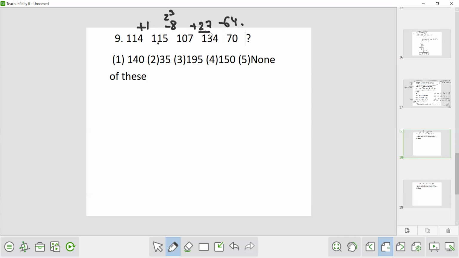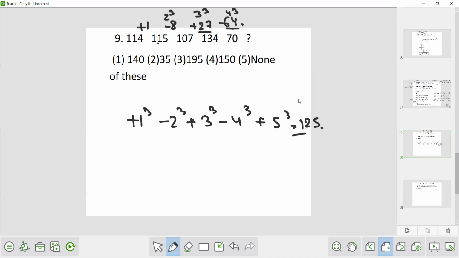When we see that it is 27, we can say that it's 3 cube. When we see it's 64, we can say that it's 4 cube. So this series is plus 1 cube, minus 2 cube, plus 3 cube, minus 4 cube, plus 5 cube. 5 cube is 125. So add this 125 to this 70. 70 plus 125 will be 195. So our answer will be the third option. This is a type of up and down series.